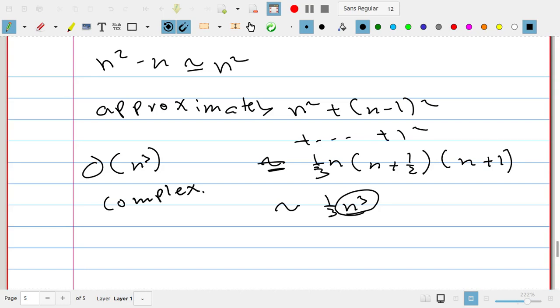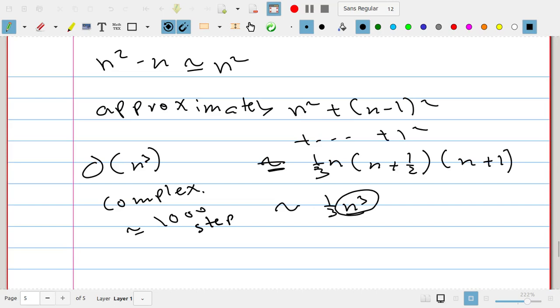So since that is the case, let's say you have a 10 by 10 matrix. Then you would do approximately 1,000 steps.